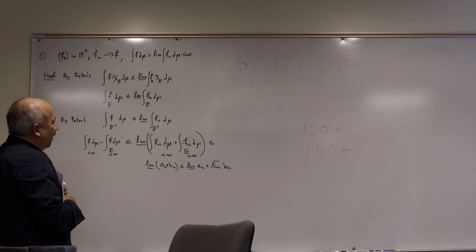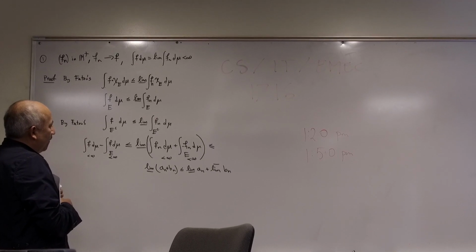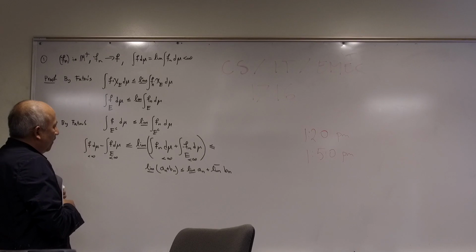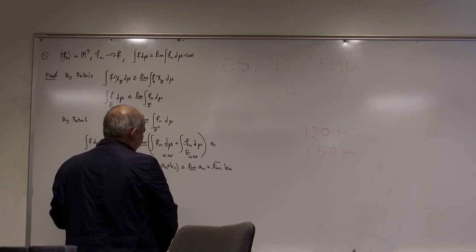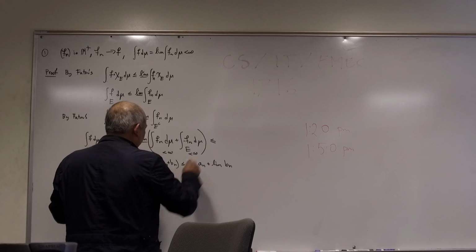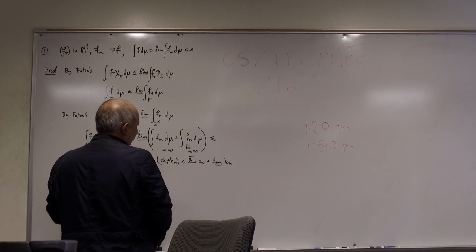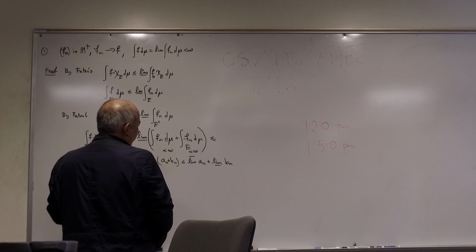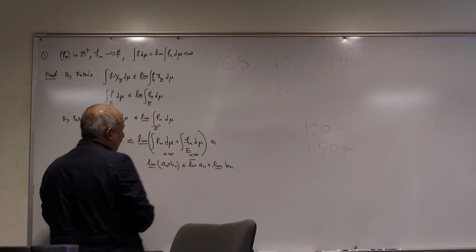We can do that later, but right now I'm only applying this one. Well, it can be the other way around. It can be this one and this one. Yeah, because we can switch them.